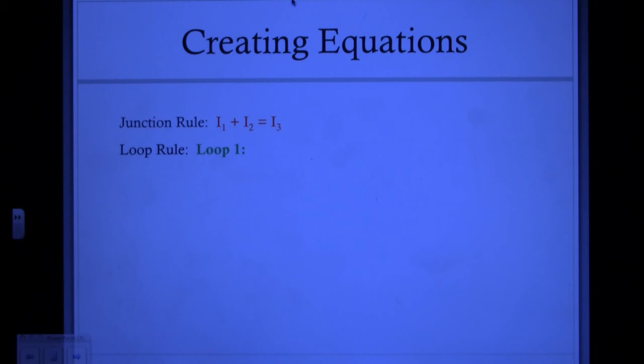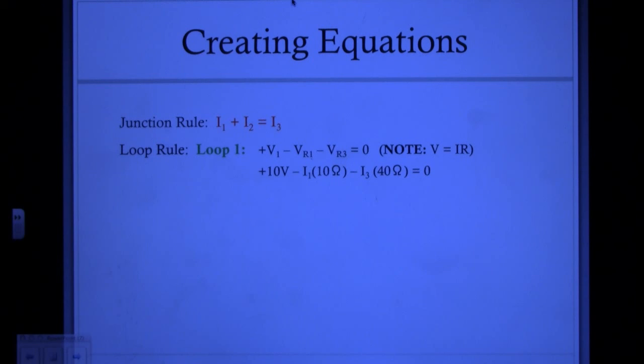For the second equation, we use the loop rule for loop 1. We can insert 10 volts for V1, the voltage across the battery. We do not know the voltage across resistor 1, but we can insert the Ohm's law formula, V equals IR, where the current is I1 and the resistance is 10 ohms.